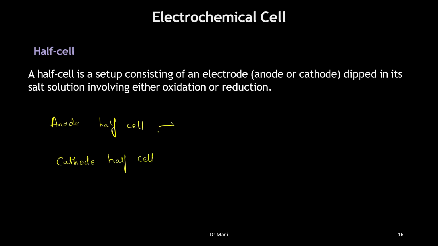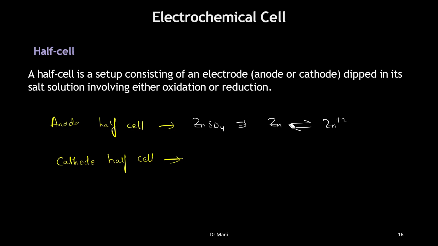Banu, tell me, at the anode half cell, what is the chemical we saw? Which solution did we see at the anode? ZnSO4, sir. ZnSO4, where it will undergo the oxidation half reaction. Remember this. In ZnSO4, the Zn will convert into Zn2+.